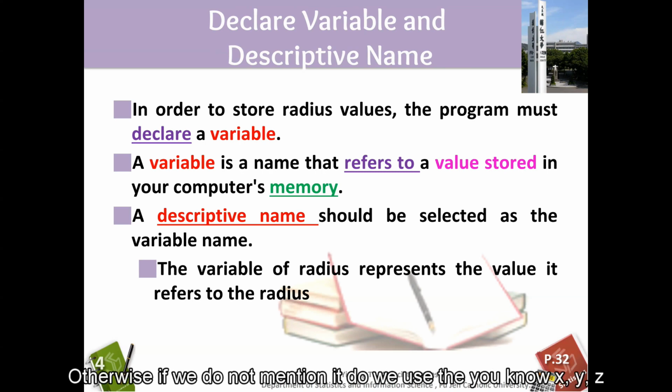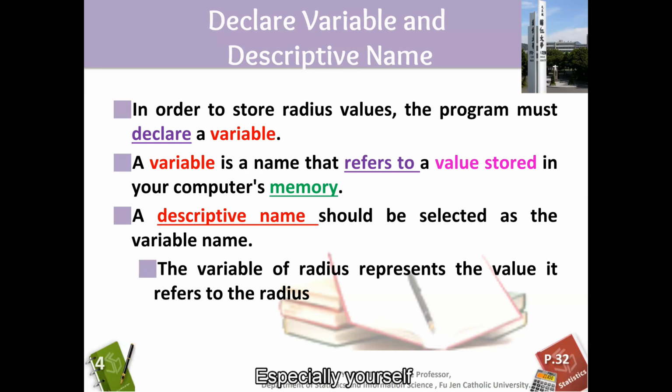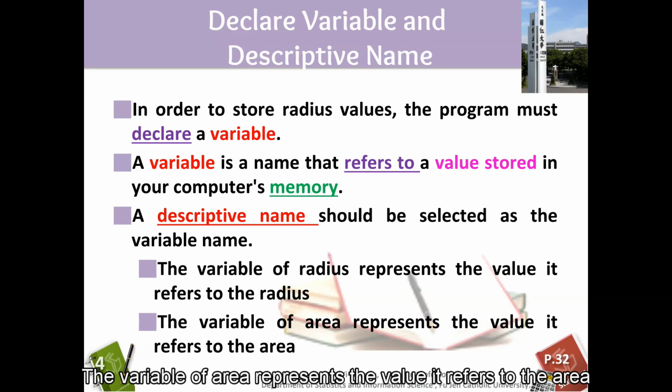Otherwise, if we use x, y, z, which do not help memory, it will confuse people, especially yourself, because you may write a program that uses a lot of variables. So using a descriptive name can help you easily understand what you are using. The variable area represents the value that refers to the area.